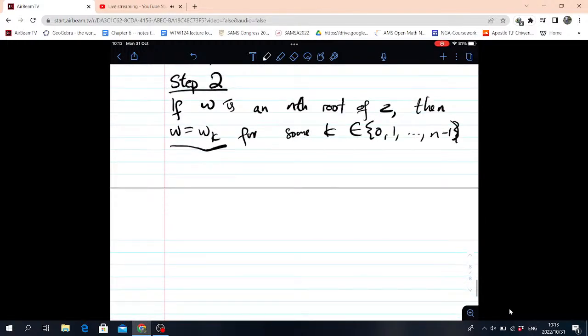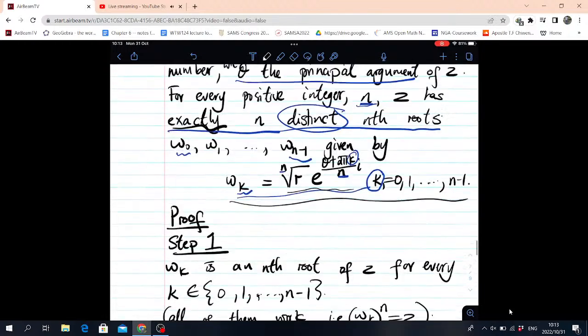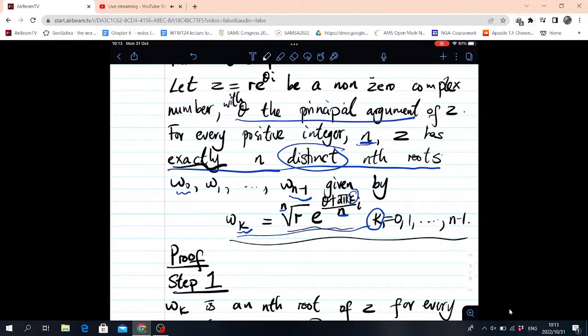And then the last step is the distinct part. We are saying that all of these complex numbers that we have are distinct roots.